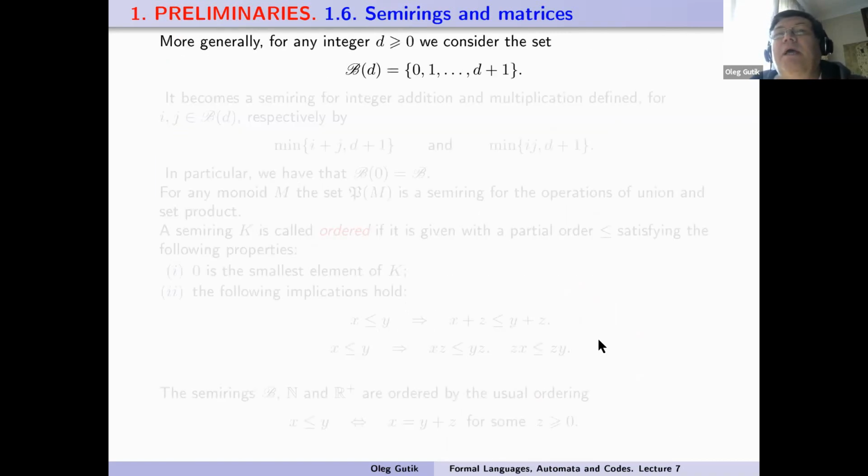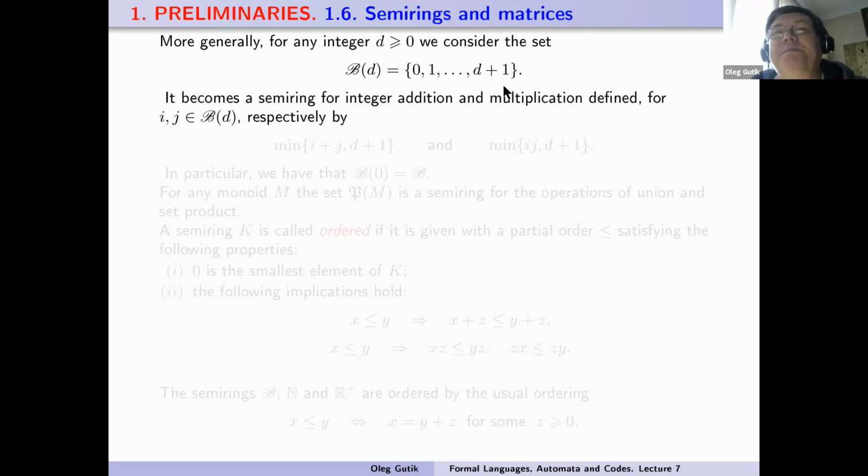More generally, for any integer d greater than or equal to 0, we consider the set B_d, which consists of 0, 1, and so on, up to d plus 1.